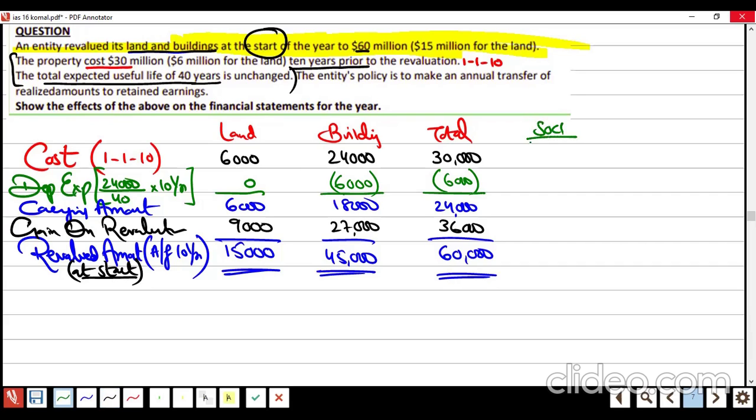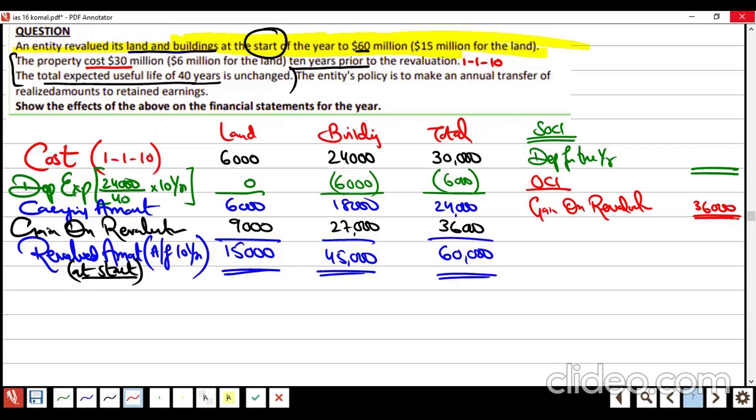SOCI, first of all, we need depreciation for the year, and we need OCI. In OCI we have gain or loss on revaluation. Here we have a gain. So the gain is 56,000, 30. What is the depreciation? 6,000.